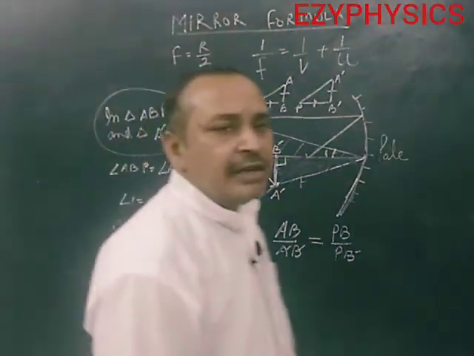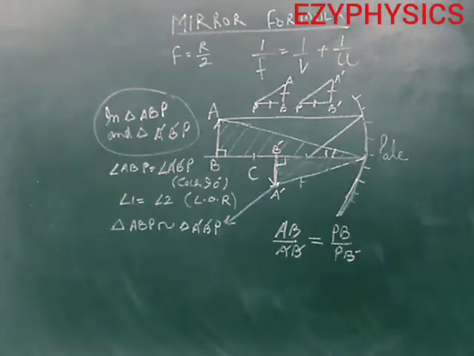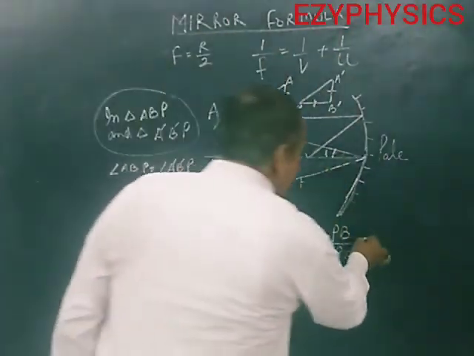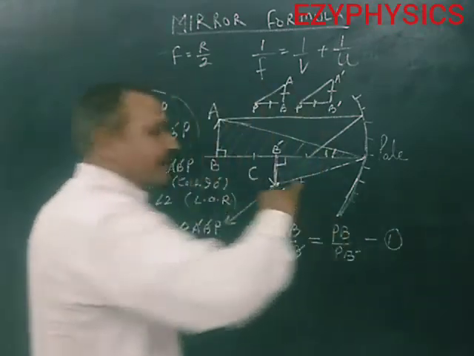Any doubt till here? And this can be considered as your equation number 1. Is it clear, my dear friends? So let us write it as equation number 1.